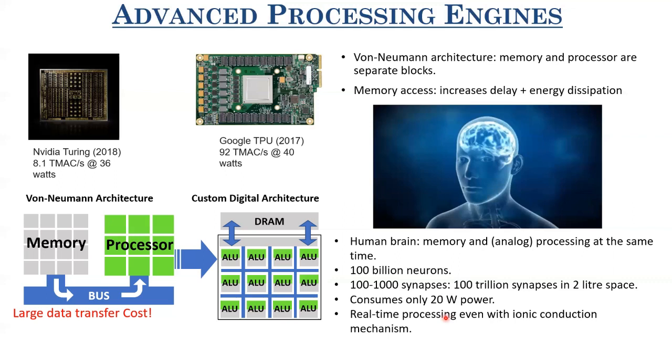Your calcium ions are responsible for transmission of information between two neurons. The calcium concentration is increased in the medium between the two neurons, and as such it diffuses into the neuron, and that is how information is transferred in a human brain. So even with an ionic conduction mechanism, we are able to process everything in real time.